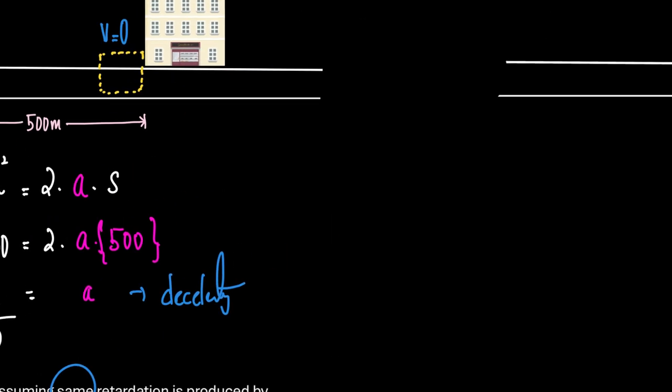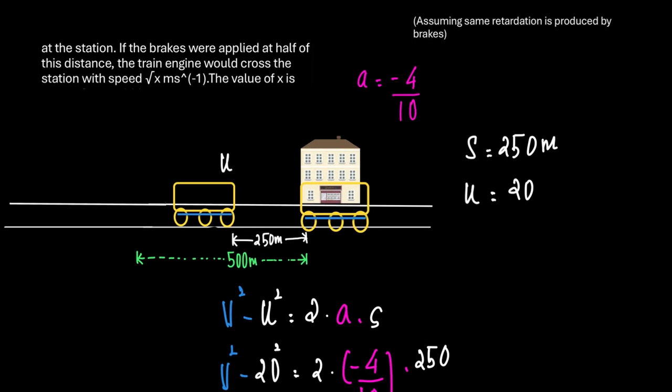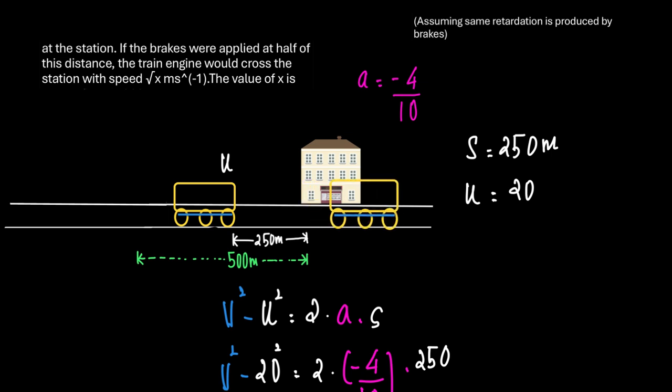Why is that important? It is important because in the second half of the problem, if the brakes were applied at half of this distance, which means when in the first condition it was 500 meters, and if the brakes are applied only at 250 meters, it is given that the train engine would cross the station with a speed of, which means it will cross the station with a speed of... Well, I think it should be coming like this, right?